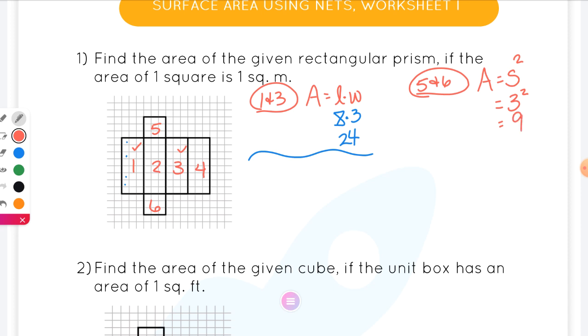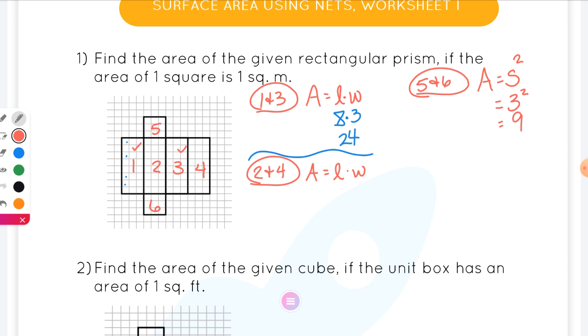Am I done yet, Kendall? Which ones am I missing? 2 and 4. Sides 2 and 4. It's still a rectangle. On this one, what's true about these 4? Kinley? Why on this one are all of our rectangles the same? There is a reason. Kendall?